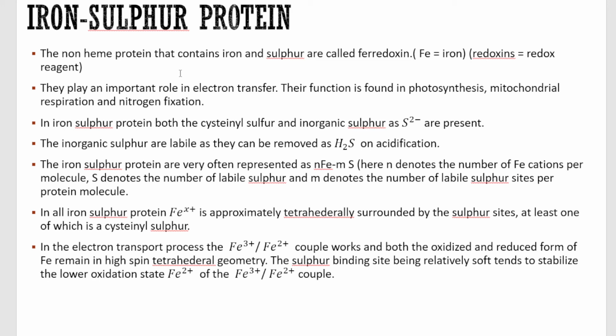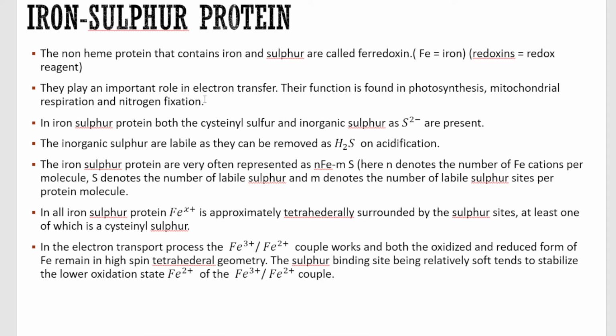These are non-heme proteins. They contain both iron and sulfur, and they are called ferredoxin. Fe stands for iron, and redoxin because it is a redox reagent, that is, it can do both oxidation and reduction reactions. Both of these reactions involve transfer of electrons, so it is classified as an electron transfer protein.